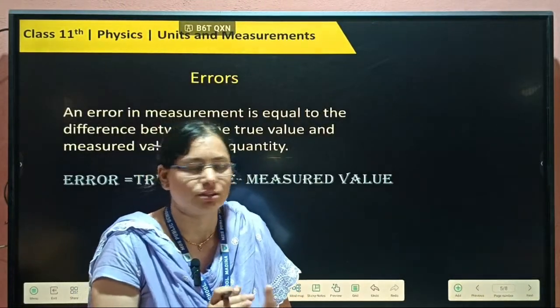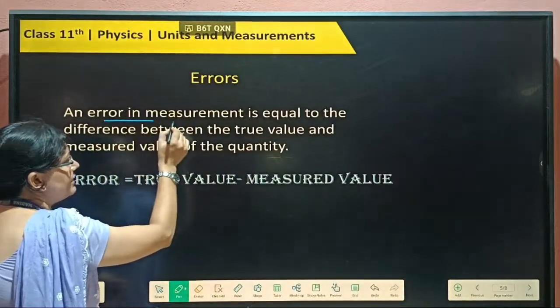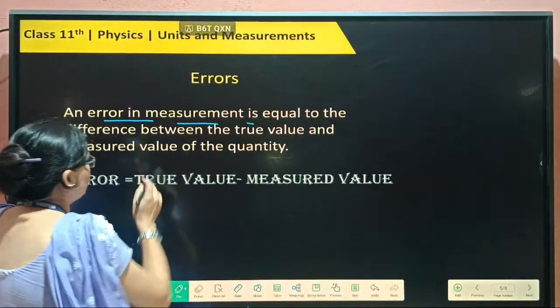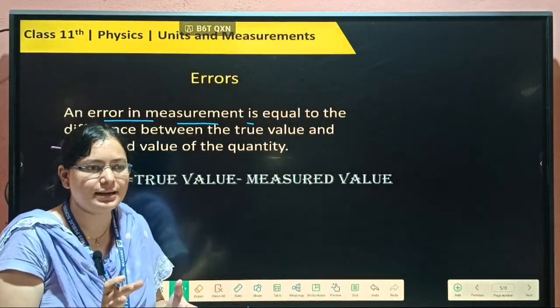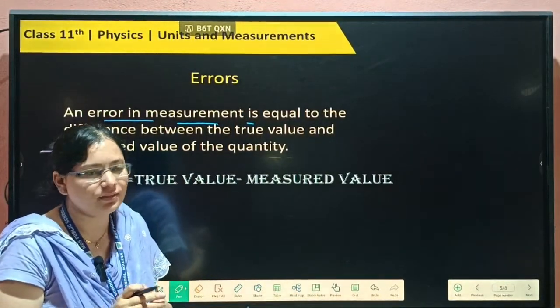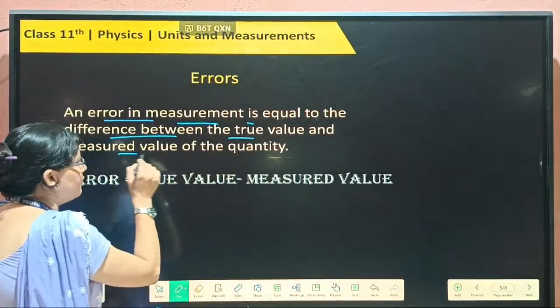Okay, understood? So here we will read what error is. Error is the error in the measurement. When we do any measurement practically in our lab, it is the difference between the true value and the measured value.